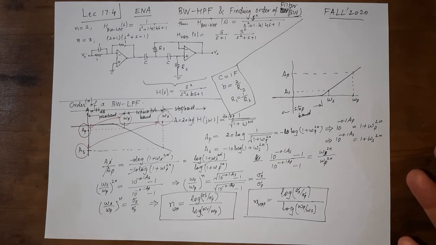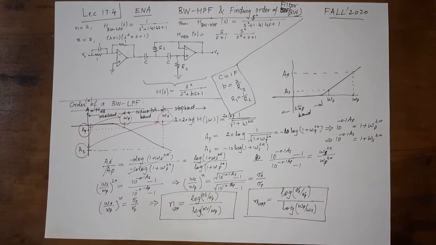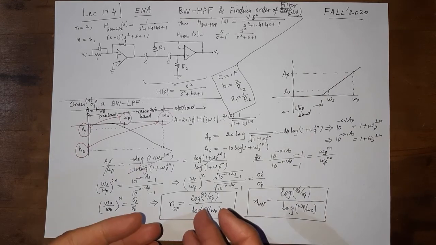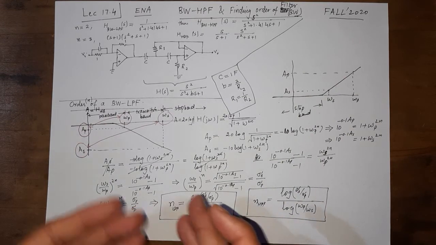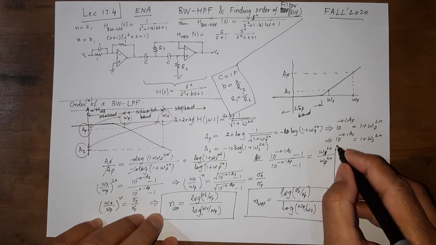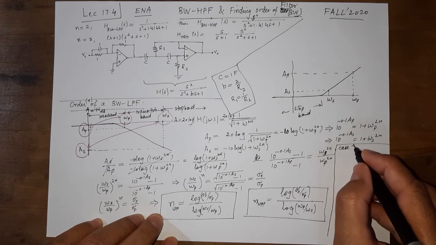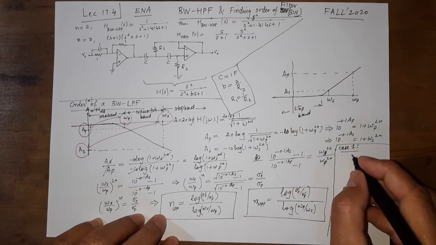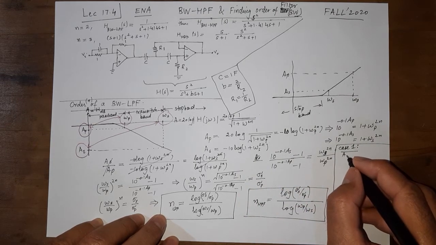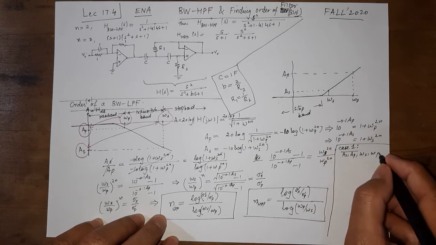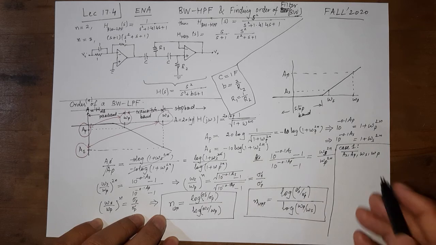So that's it. If somebody tells you, okay, here are a few simple cases and a few formulas that can be further simplified based on a few cases. So for example, for case 1, let us say that we are given all these things, As, Ap, omega s, omega p, then this formula is to be used.